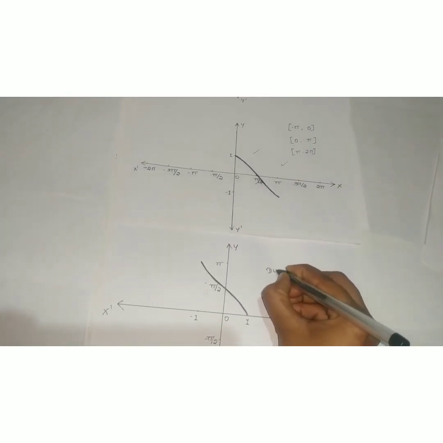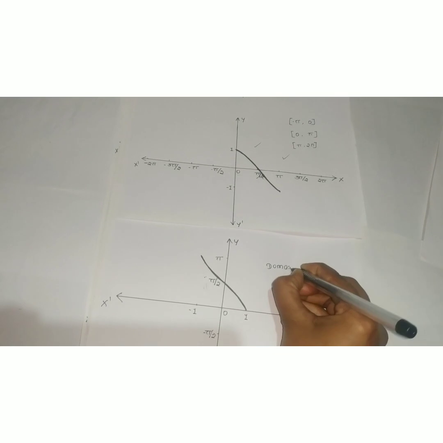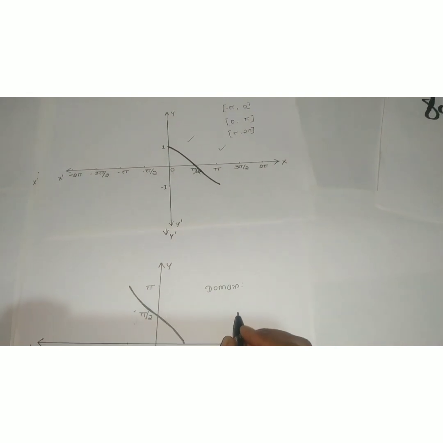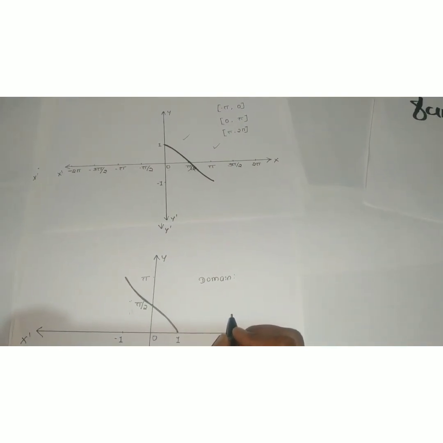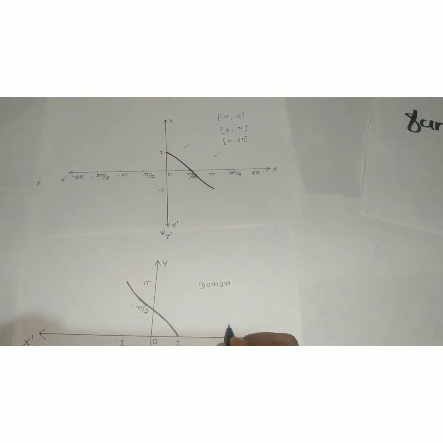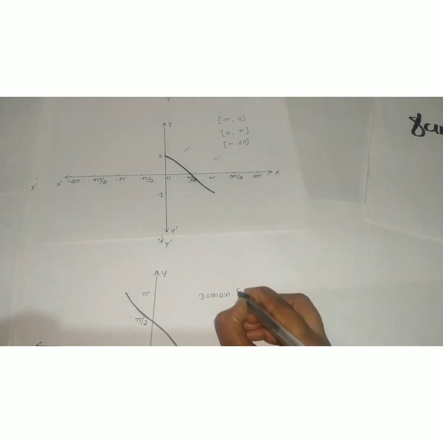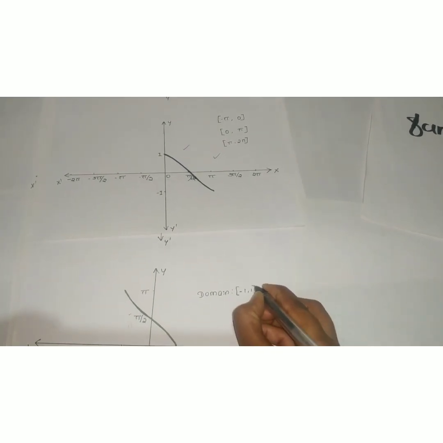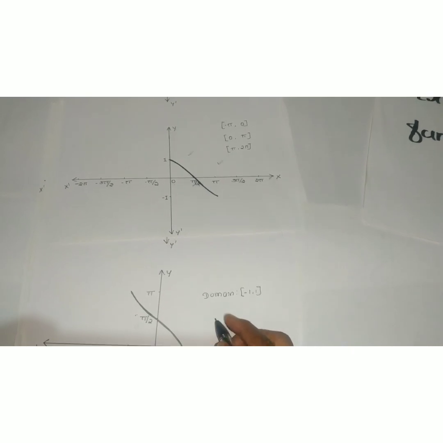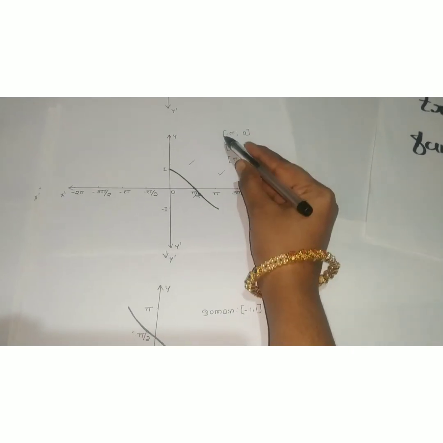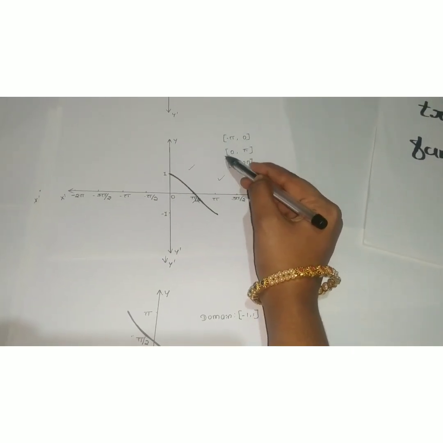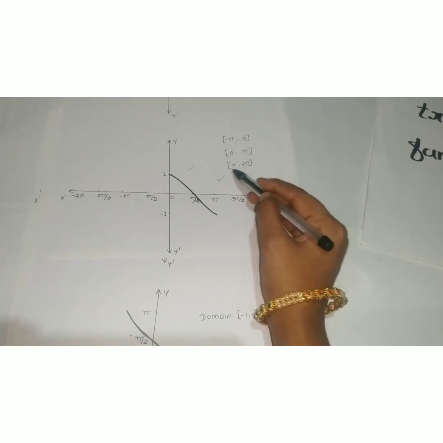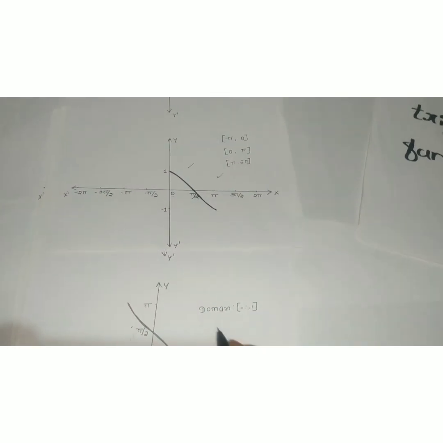The domain of the cos inverse function is the closed interval -1 to 1, and the range could be any of the intervals: closed interval -pi to 0, closed interval 0 to pi, or closed interval pi to 2 pi.